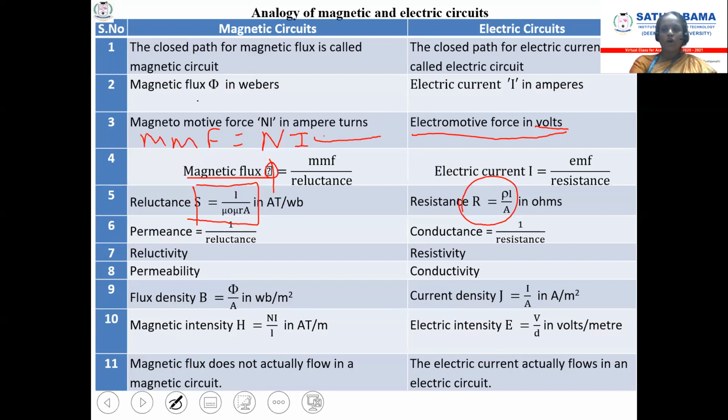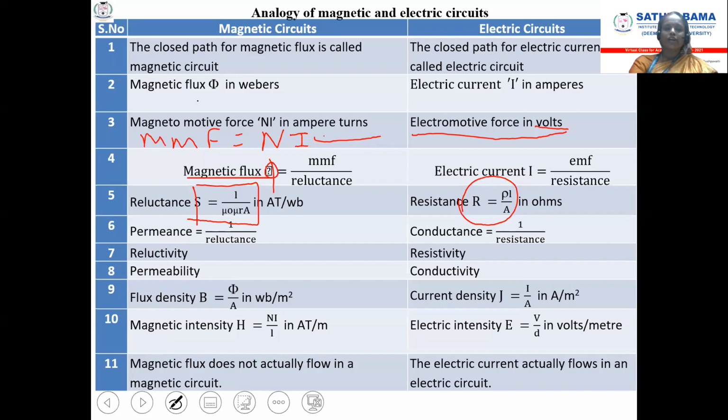And we all know the inverse of reluctance is permeance. The reciprocal of reluctance is permeance, and the reciprocal of resistance is conductance.